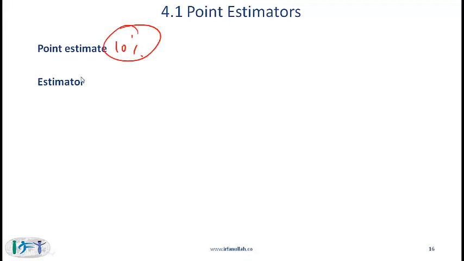So how did you come up with the 10%? Let's say that your sample size was 30. What you essentially did was take the average of the 30 stocks that you identified. So if your sample was 30 stocks, you simply did the return on the first stock plus the return on the second stock all the way to the 30th stock divided by 30. So this formula or the process is called the estimator.